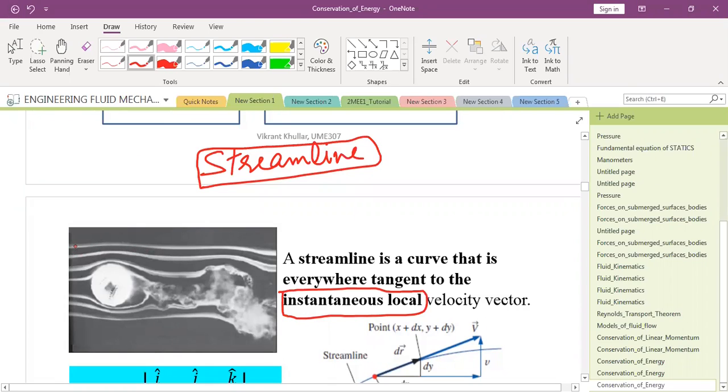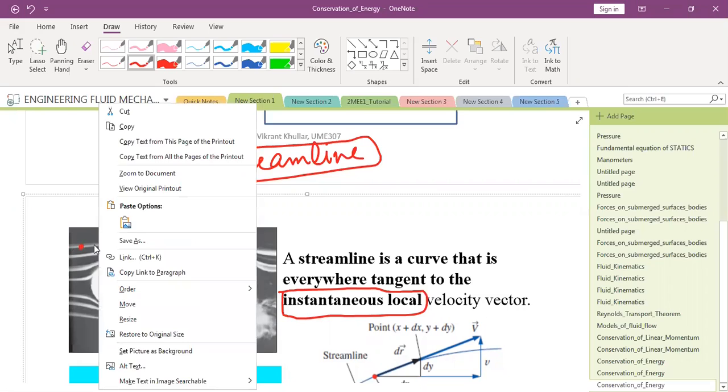If you take a fluid element like this, the fluid element will actually be moving along this direction. So this was the fluid element which you were tracking. So the fluid element will follow which path?